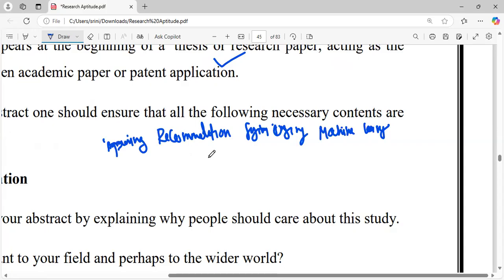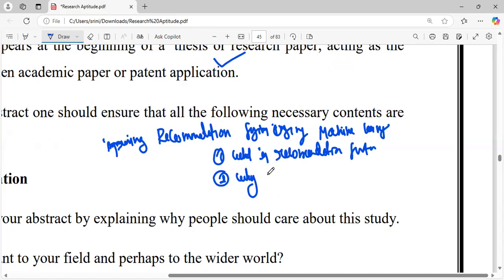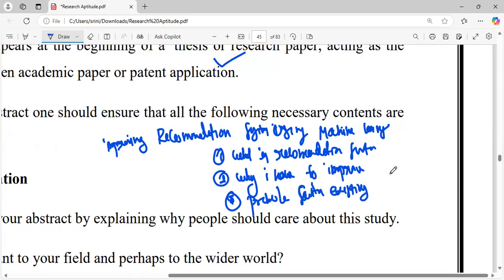I can start with what a recommendation system is, and then why I have to improve the recommendation system. Then problems: I can state the two problems associated with the existing recommendation system.